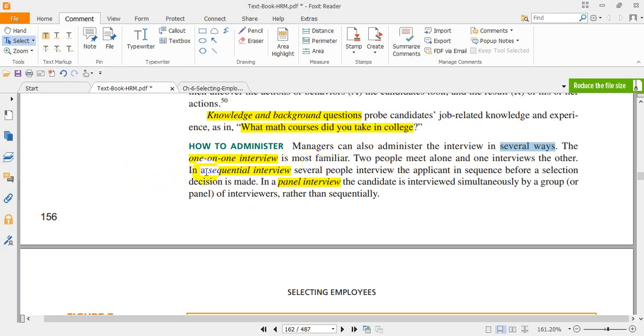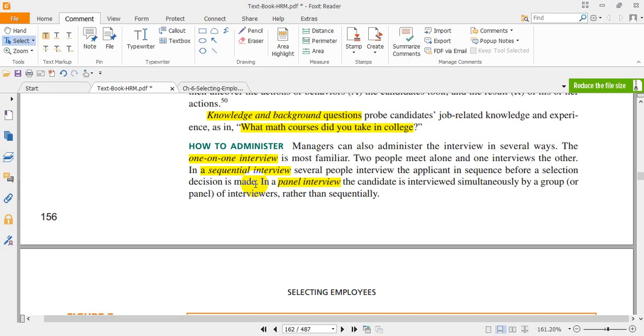There is another type: in a sequential interview, several people interview the applicant in sequence before a selection decision is made. Not one-on-one, sequential. Sequential means many interviewers, but separately.